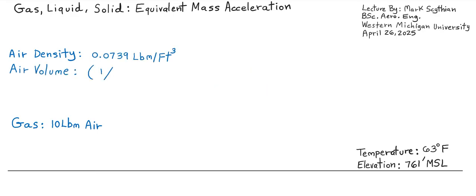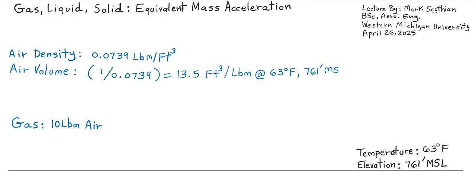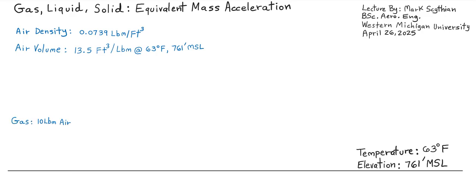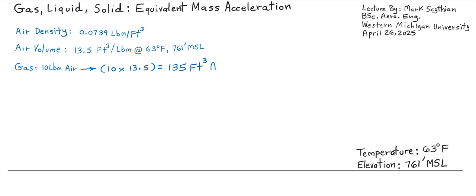So if you find its inverse, 1 over the air density, this will calculate the cubic feet required to equate 1 pound of mass air. So weighing 1 pound of air, it is 13.5 cubic feet at 63 degrees Fahrenheit air temperature at 761 feet above mean sea level.